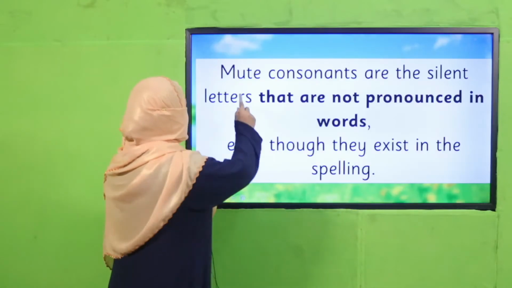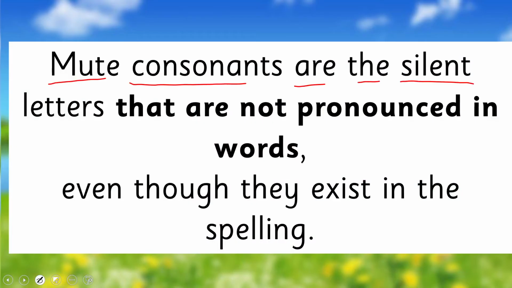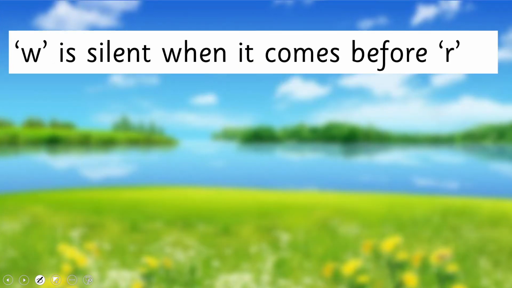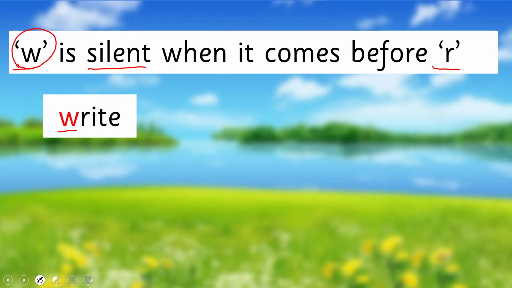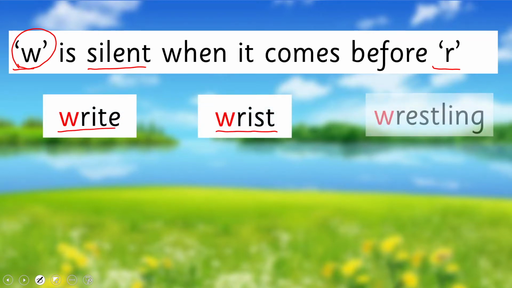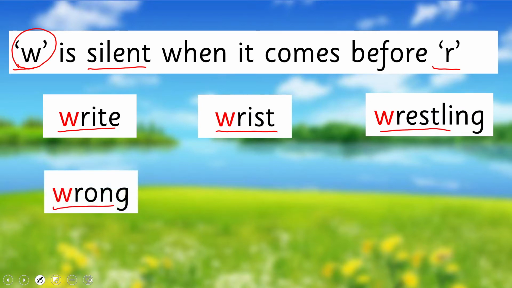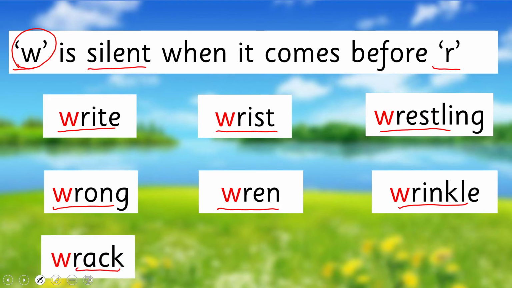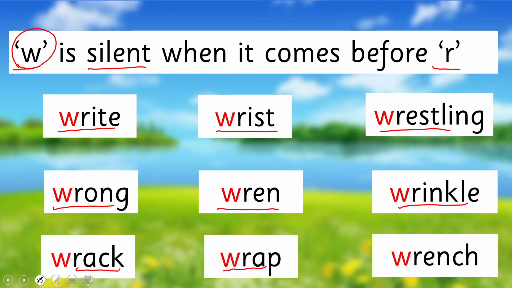Let me remind you. Mute consonants are the silent letters that are not pronounced in words, even though they exist in the spelling. For example, W is a consonant and it is mute or silent when it comes before R. For example, write, wrist, wrestling, wrong, wren, wrinkle, wrap, and wrench.